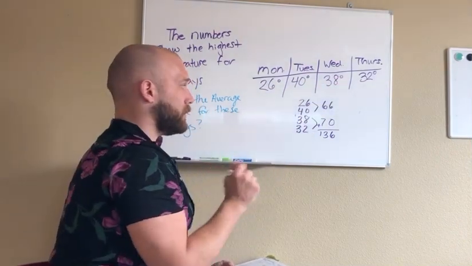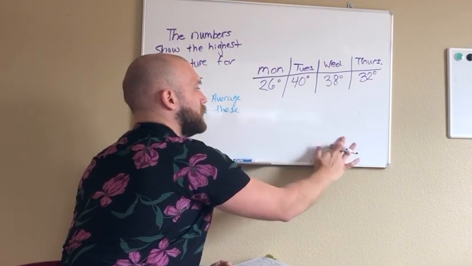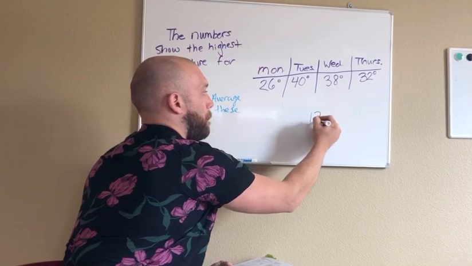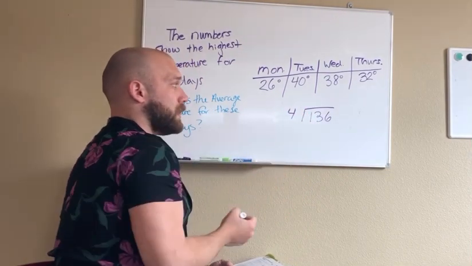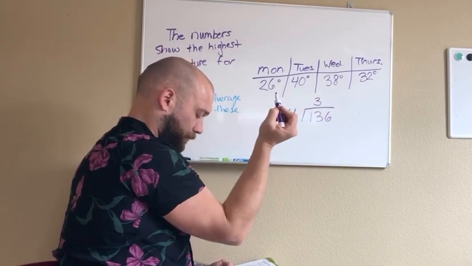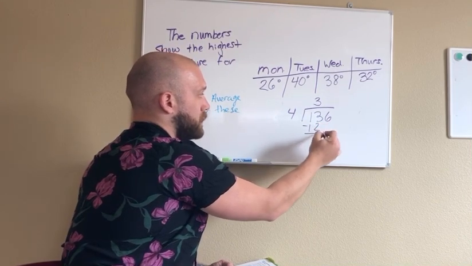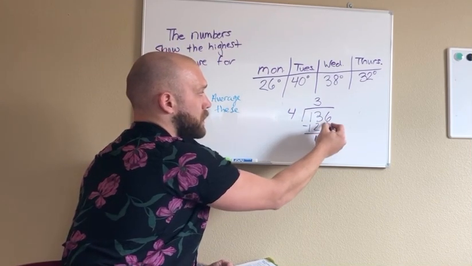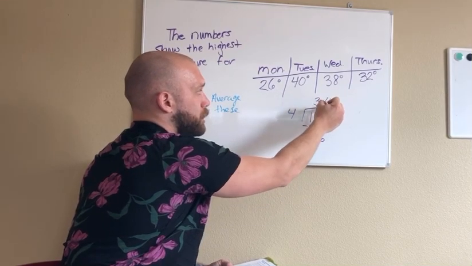So 136 divided by 4. 4 can't go into 1, but 4 can go into 13 3 times. 3 times 4 is 12. Subtract that. I have 1. Bring down the 6. And 16 divided by 4 is 4.